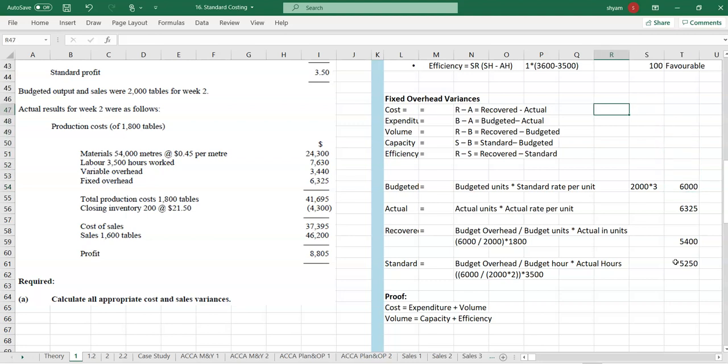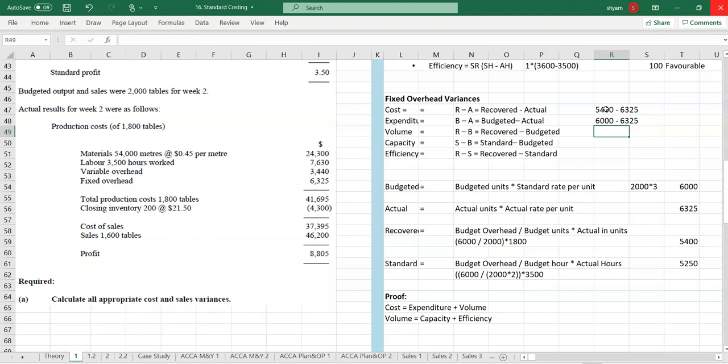So now we got the basic numbers. We have to put these numbers here and thereafter get an answer. So first we'll find out R. R is 5400 minus A is 6325. B is 6000 minus A is 6325.